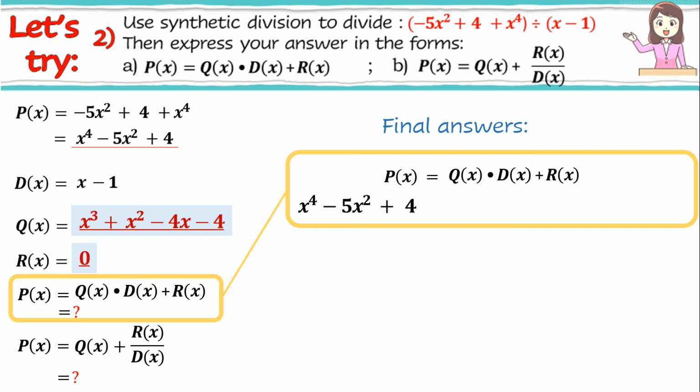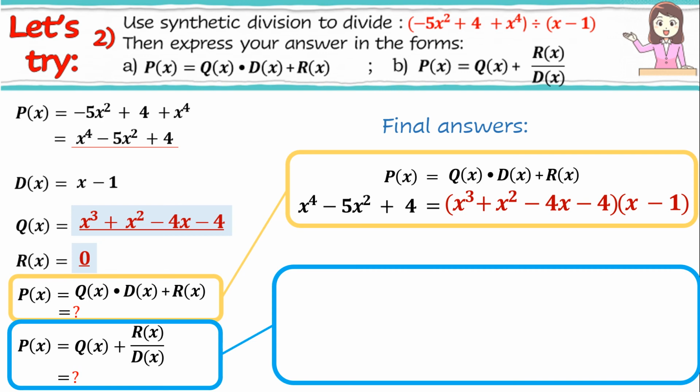So, that is equal to x to the fourth minus 5x squared plus 4. That is equal to Q of x natin. X cubed plus x squared minus 4x minus 4 times x minus 1. So, since 0 naman ang ating remainder, no need nang ilagay yung plus 0. Okay na yan.